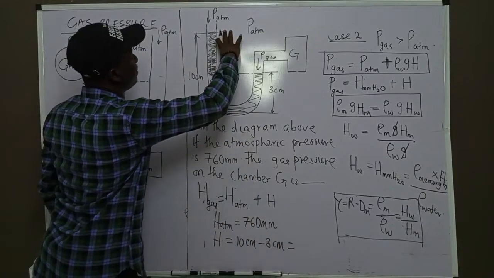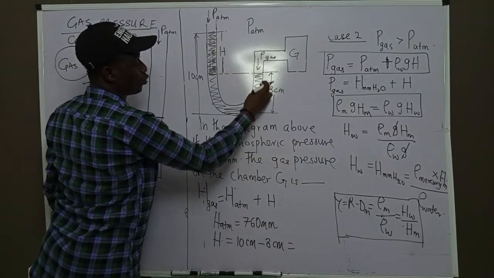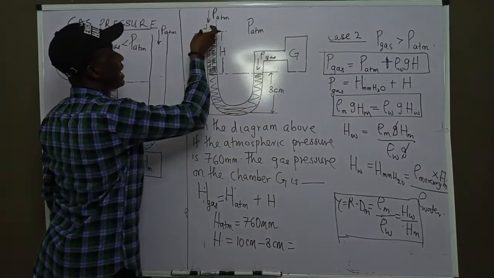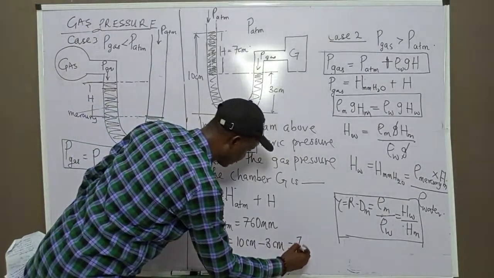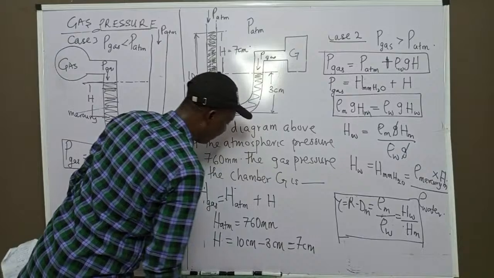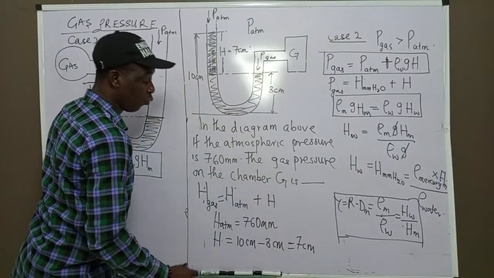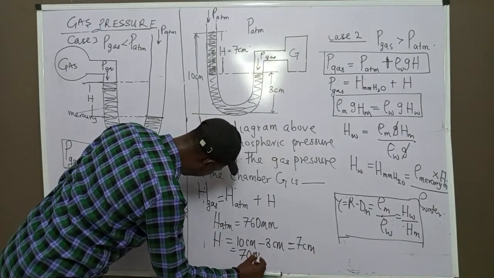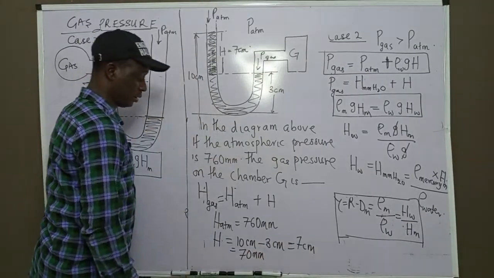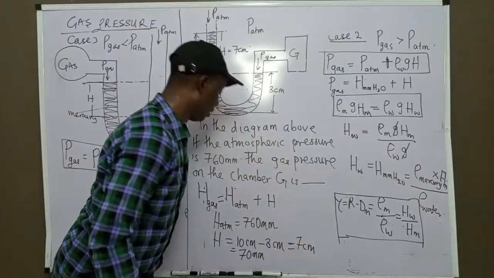From here to here is 3, from here to here is 10, so here will be 7 centimeter. If you convert it to millimeter, you multiply by 10. So we're going to have 70 mm as our h.